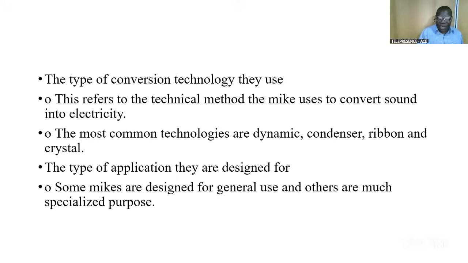The most common technologies are dynamic, condenser, ribbon, and crystal. The other division is the type of application they are designed for. Some mics are designed for general use, and others for much more specialized purposes.